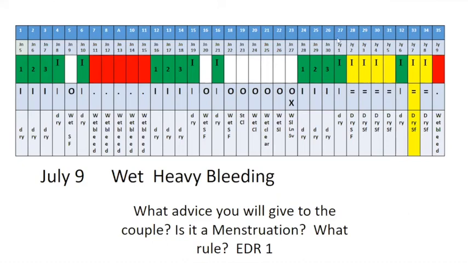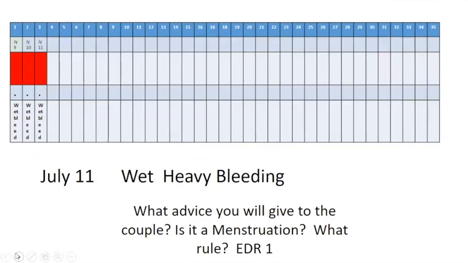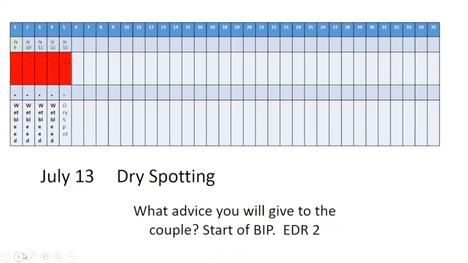Okay, more questions. What if on the 5th day the menstruation is still heavy and the spotting takes place on the 7th day or 8th day? For example, if the menstruation is still on July 5, then abstain on July 5.